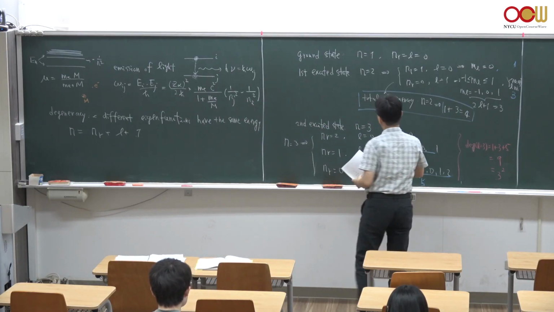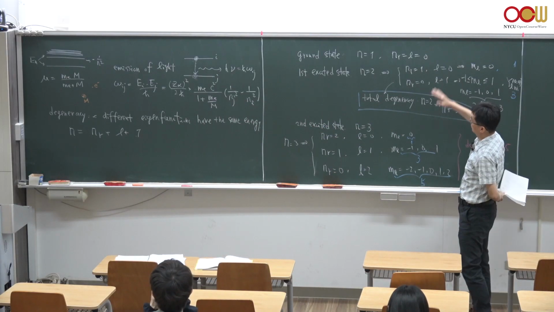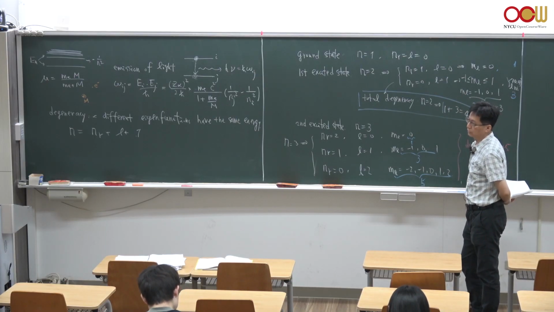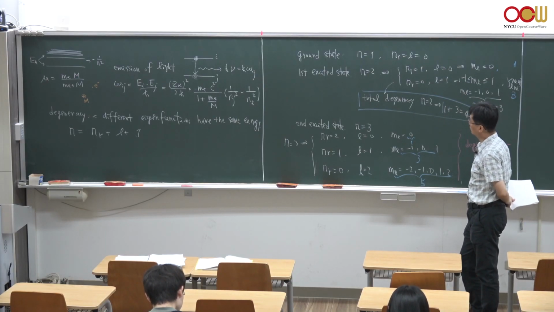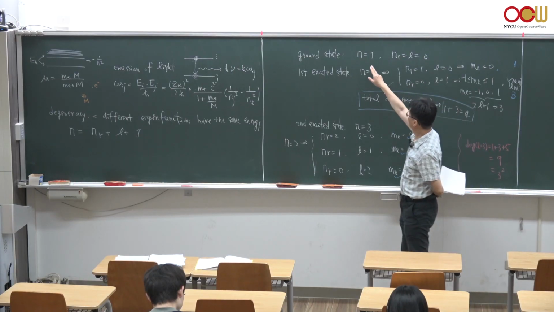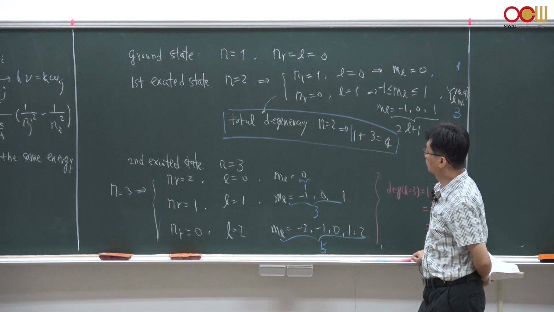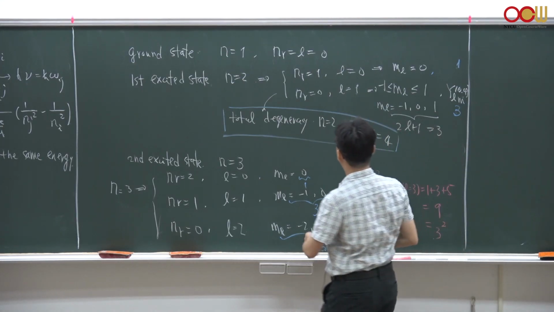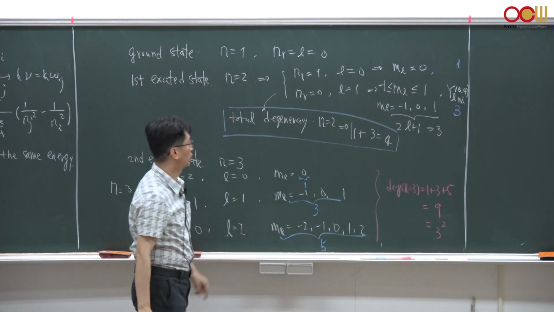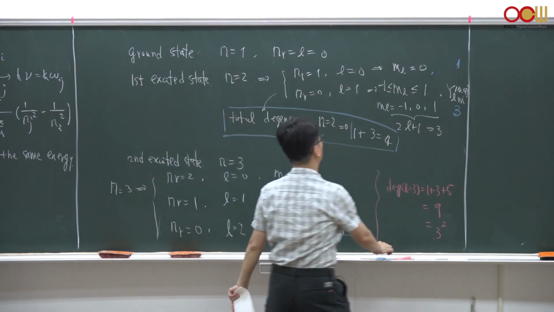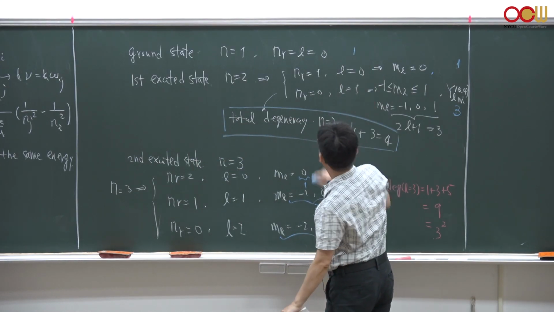So this is an example of this degeneracy of the lowest energy levels of hydrogen atoms. For example, the ground state refers to the state where you have principal quantum number n being 1, which means that both L and nr vanish. You have only one unique ground state.